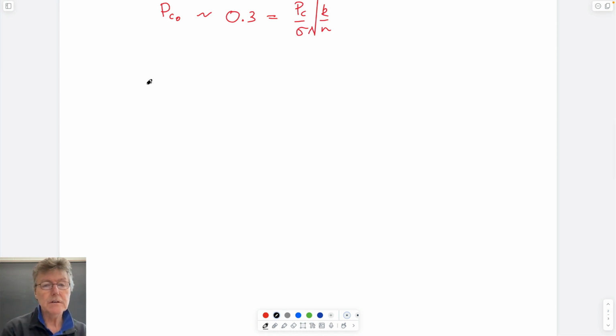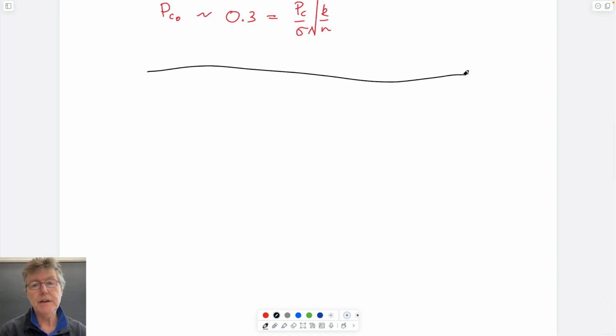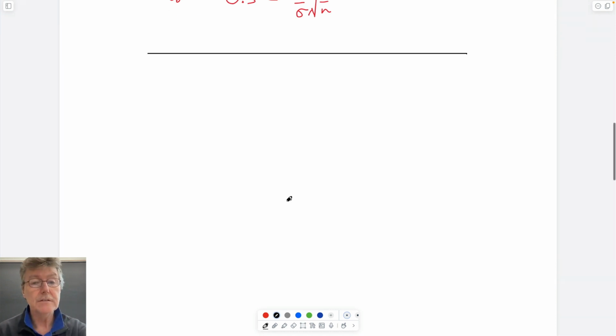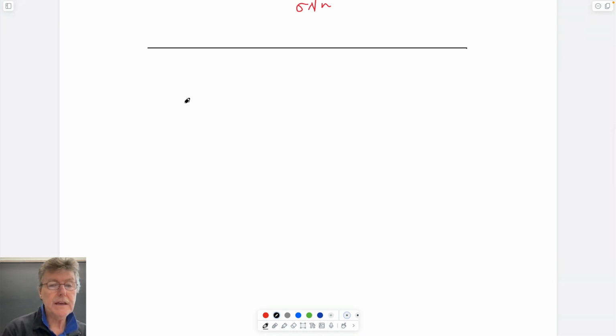The other thing that we looked at, which pulls this all together, because we're now going to talk about unsaturated flow. We've always been careful when we've talked about this to describe things in terms of these capillary pressure curves, and you've seen this figure before.